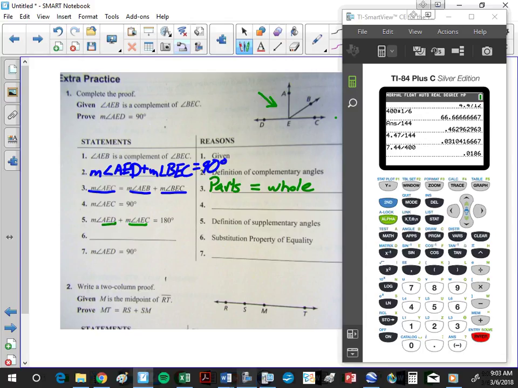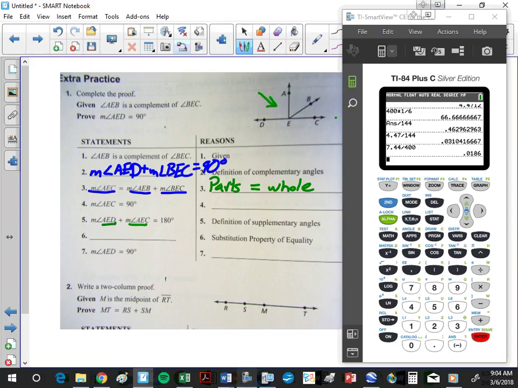But whenever two angles create a straight line, then they add up to 180, right? So this says definition of supplementary angles. If two angles are built on the same line, and you know they represent the entire 180 degree rotation of that line, then they're supplementary.